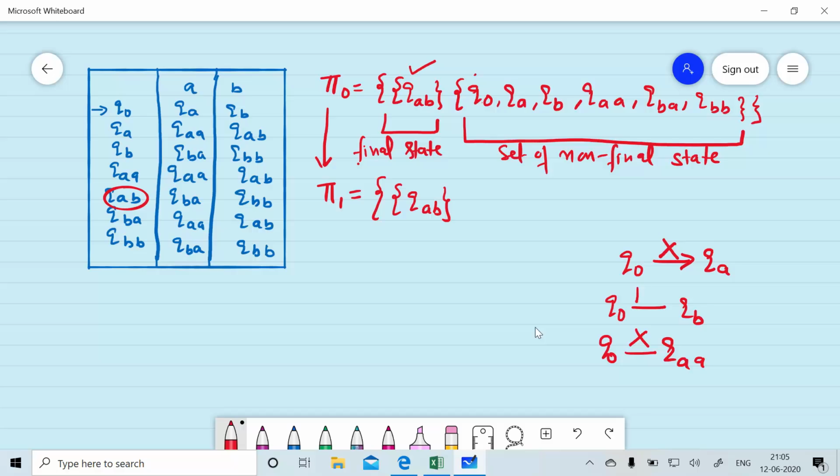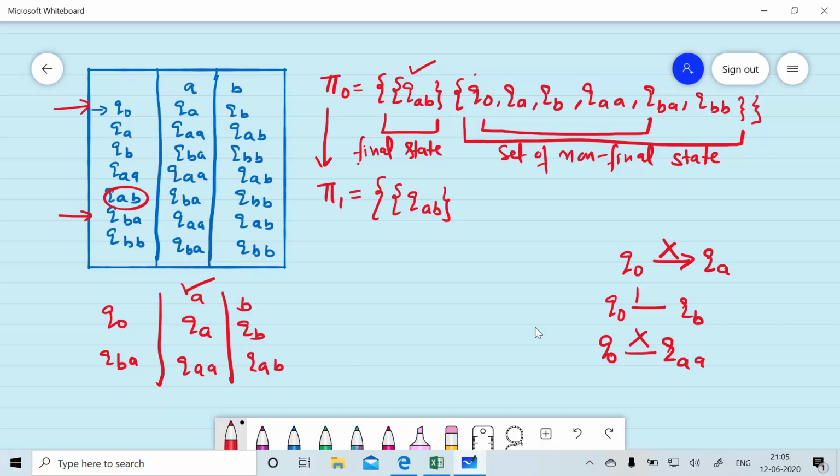Now we will check for Q0 and QBA. Again we will pick up the Q0 row and the QBA row. Now we will check whether Q0 and QBA behave similarly under A. QA is presenting over here, QAA is presenting over here, so they belong to the same set and are behaving similarly.